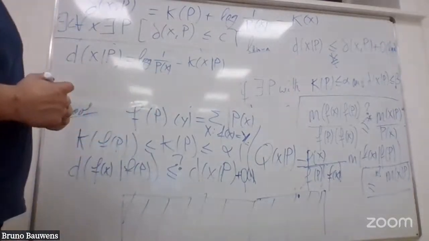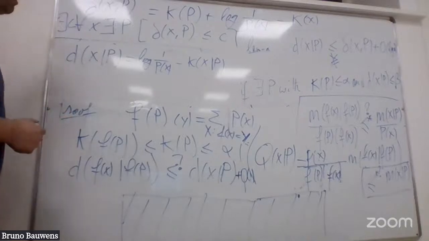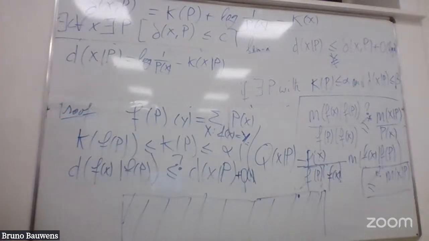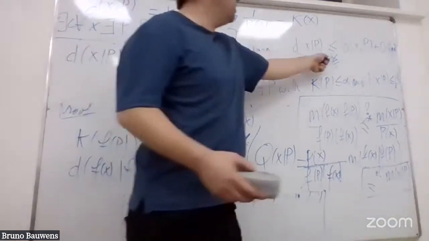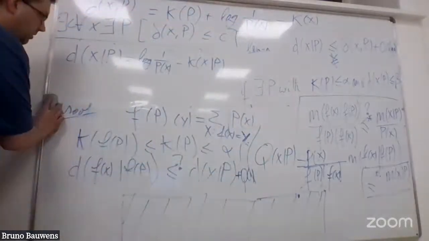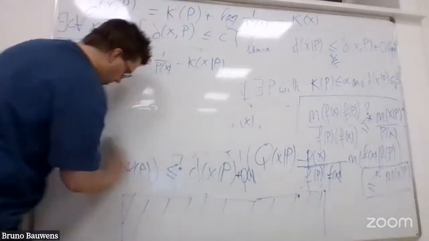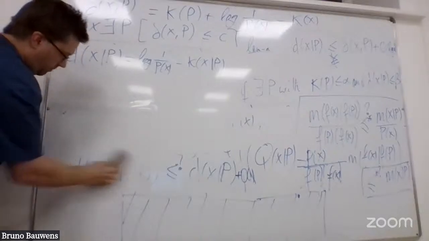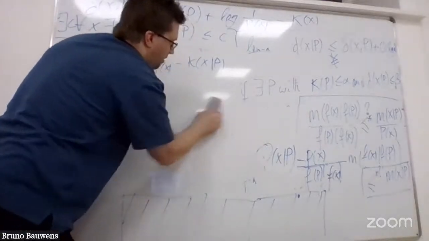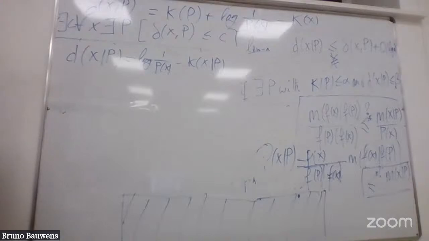So let us try to prove this inequality. It is a consequence of symmetry of information. Let us expand the left-hand side.